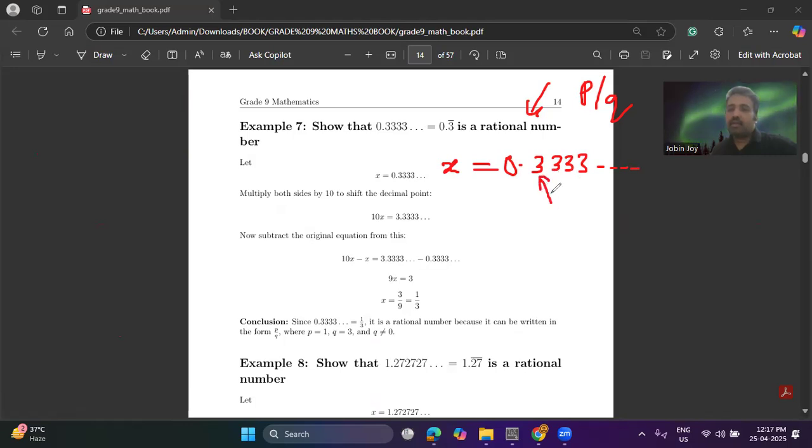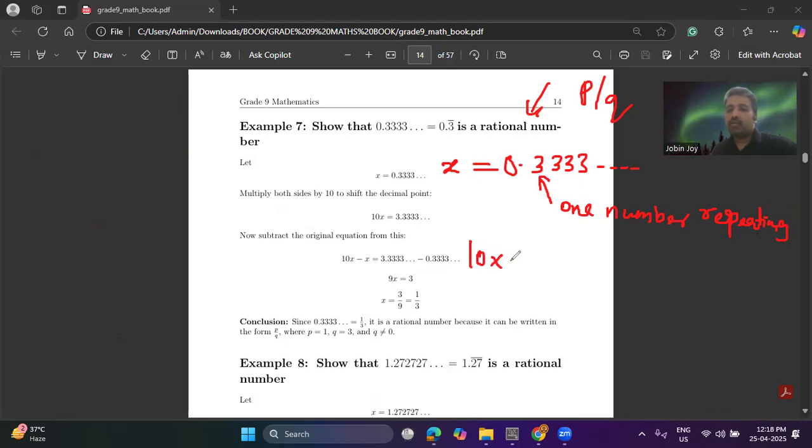Here I can see one number is repeating. Only 3 is repeating. So I am multiplying this equation with 10.